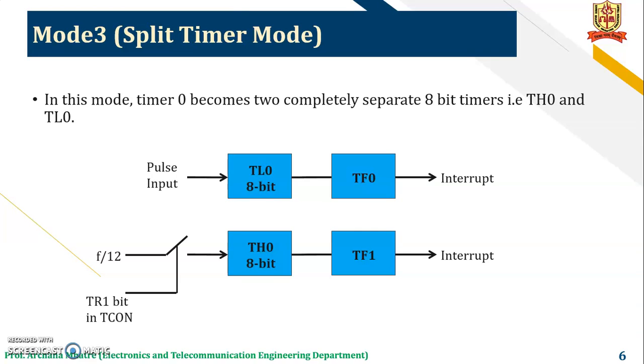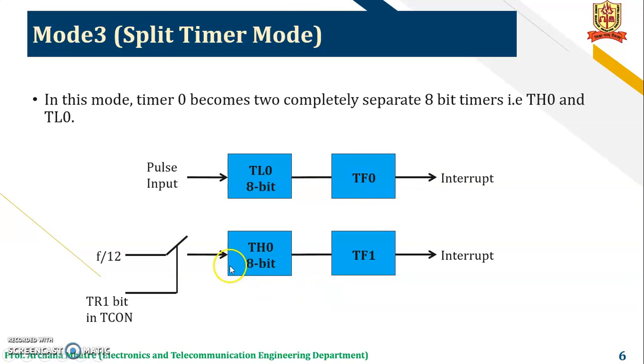In this mode, timer 0 becomes two completely separate 8-bit timers, that is TH0 and TL0. Here TL0 is a separate timer and TH0 is a separate timer. Pulse input is given to TL0, which is 8-bit. If it overflows, then the TF0 flag will be set and an interrupt is generated.